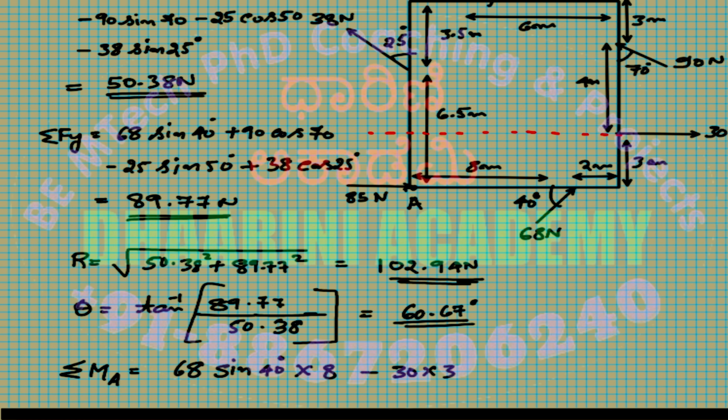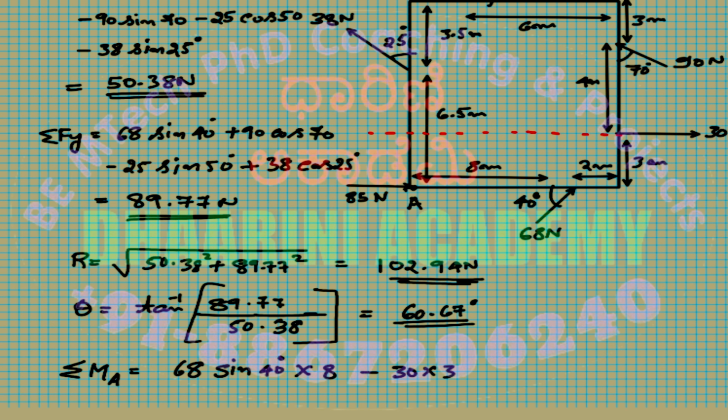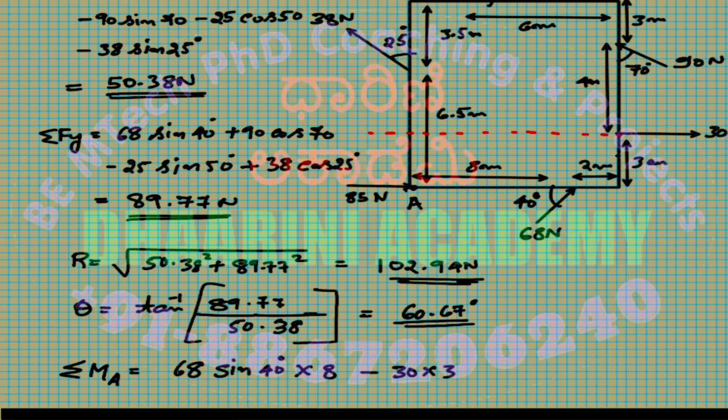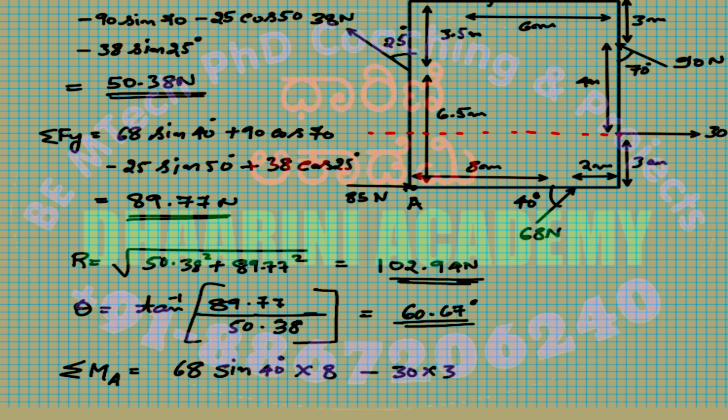Again, I don't know how to find the shortest distance directly, so I split it into horizontal and vertical components. After splitting, I find that both components are not passing through A. Horizontal as well as vertical will not pass through A, so I have to write both components and the corresponding moments. Let us write the horizontal component now, marking it with a different color.